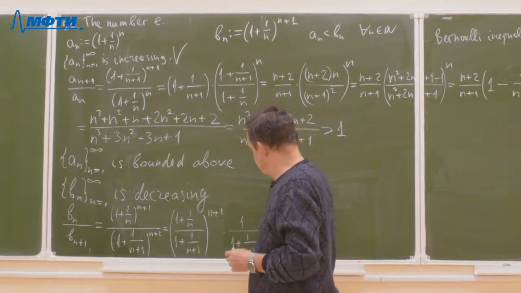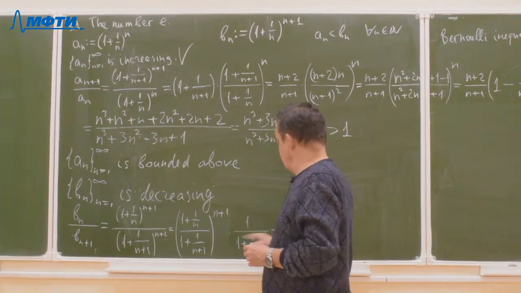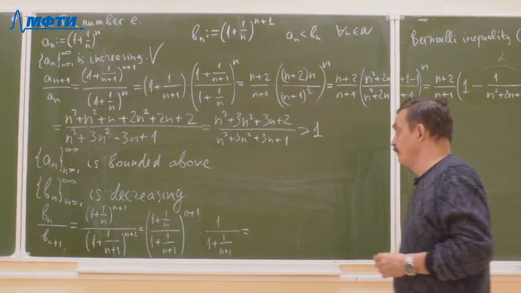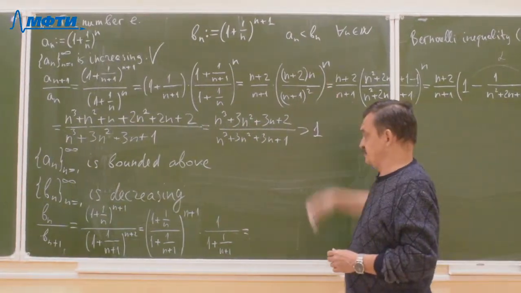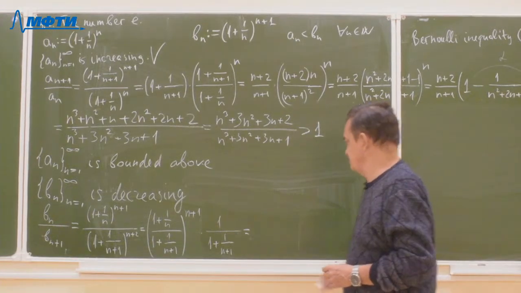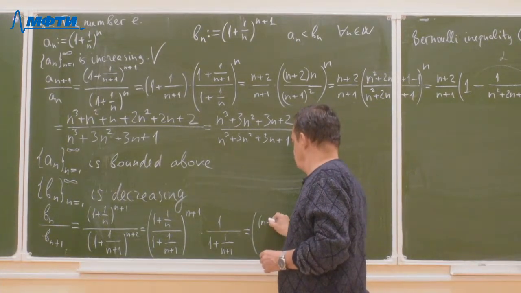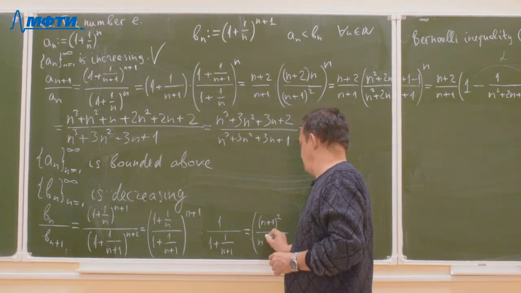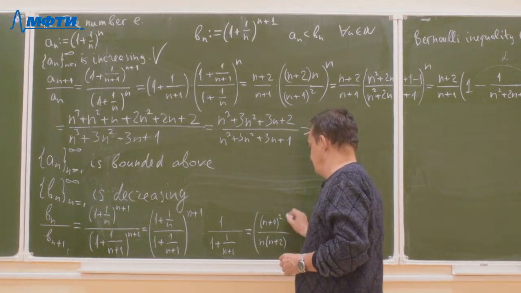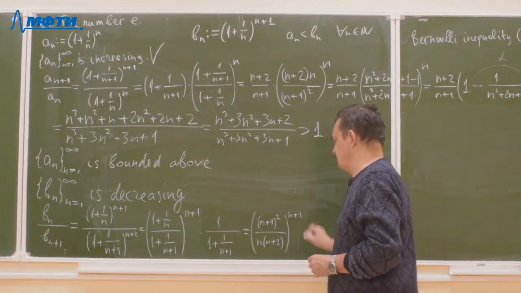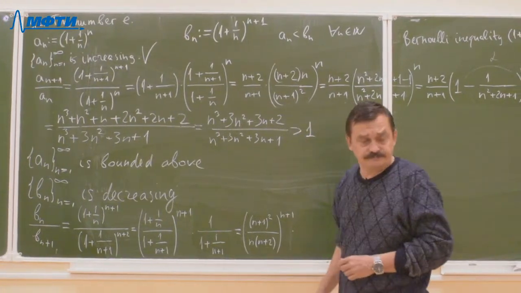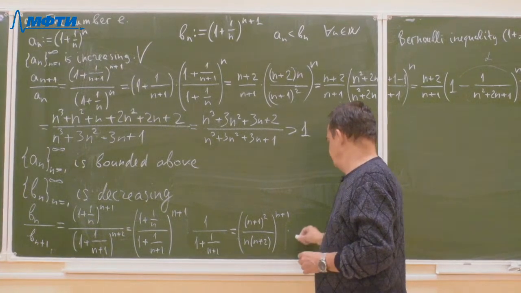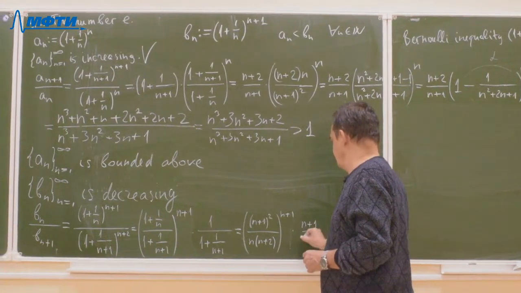Then a similar transformation to that one gives n plus 1 squared over n times n plus 2 power n plus 1 times n plus 1 over n plus 2.